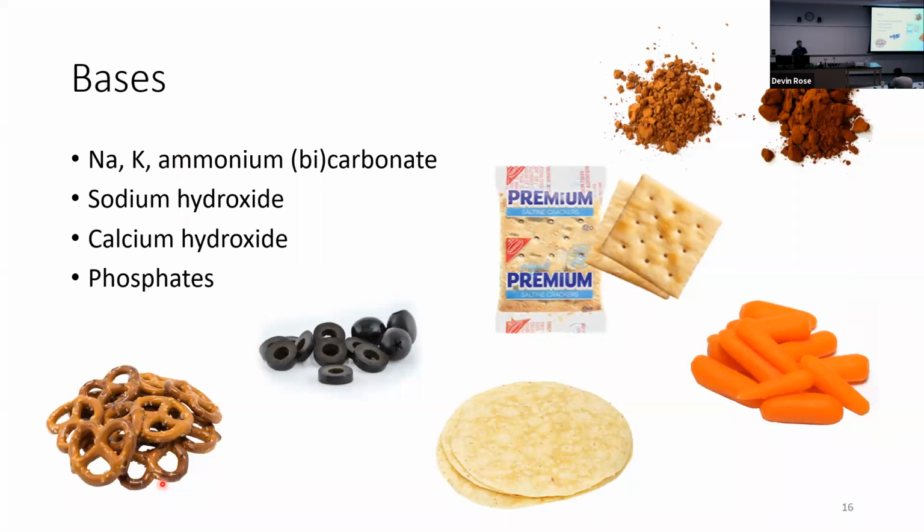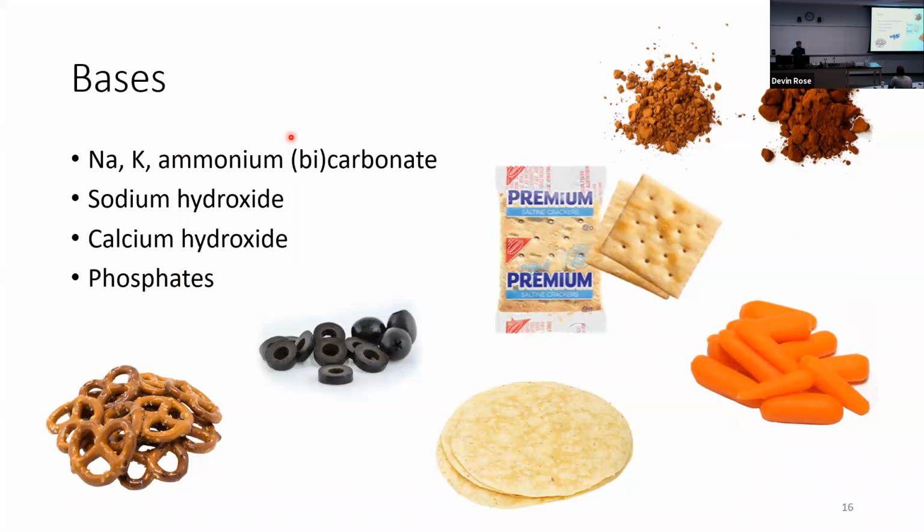You could do that with hard pretzels as well. It is common with hard pretzels to use sodium hydroxide instead of sodium bicarbonate, but with soft pretzels, it's typically sodium bicarbonate.